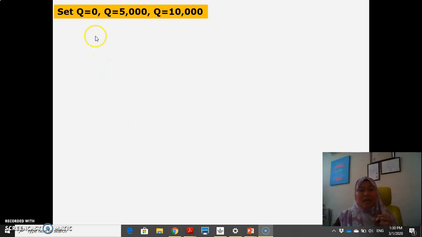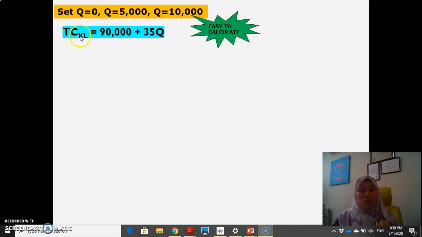First, I need to set three Q values on the x-axis so that I can know the maximum total cost on the y-axis that I need to decide. I choose these three so that it's easy to calculate. This is the TC equation.